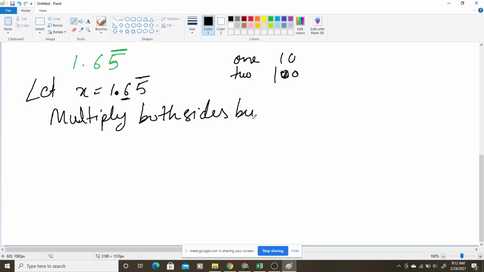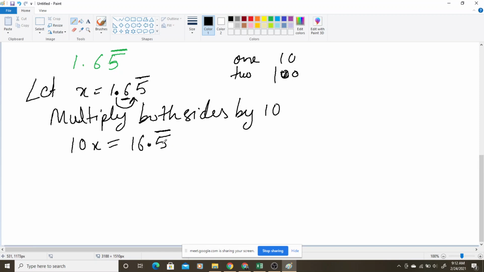Multiply both sides by 10. So it will be x into 10, 10x, and then this decimal will shift, so it will be what? 16.5 bar. Now see in this equation, exactly after the decimal we are having only digits with bar, right?